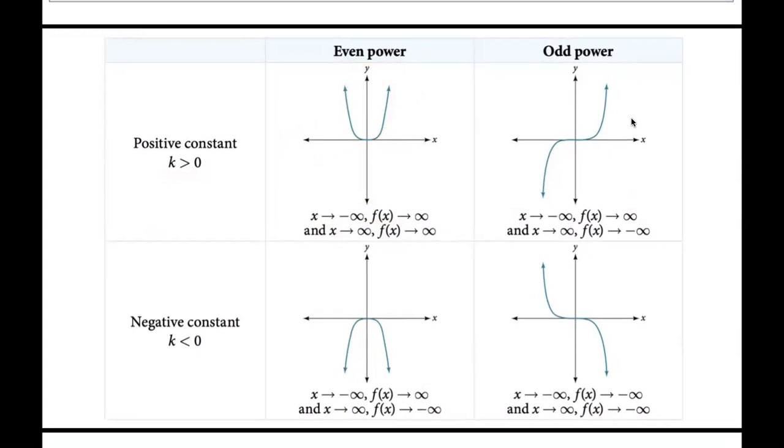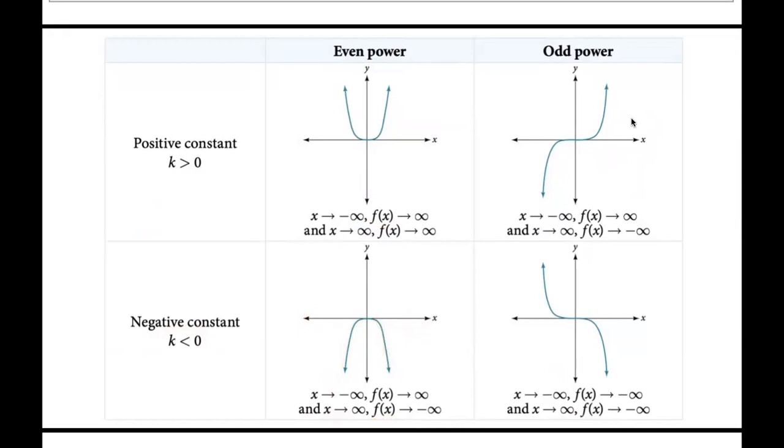So let's look at this one more time. Now, if k is a negative constant, then we are looking at an even power, negative constant, as x is approaching negative infinity. So as these values get smaller and smaller on x, the graph is approaching negative infinity. As x is approaching positive infinity, f of x, the graph, is approaching negative infinity.